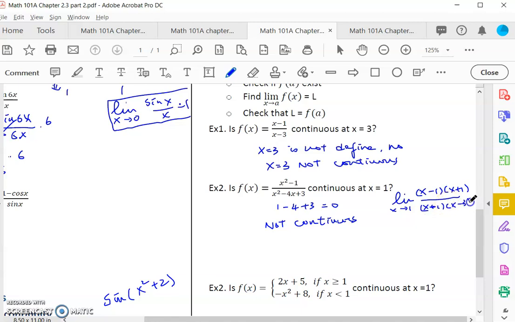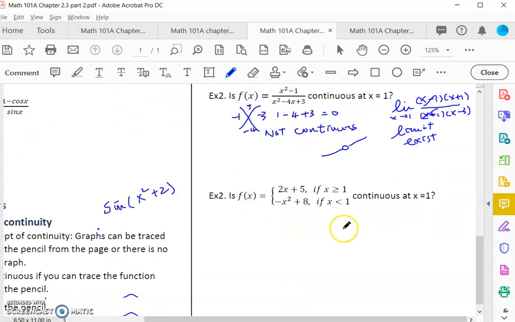Because you can say two numbers, -1 and -3, when they add, they're -4. When they multiply, they're 3. So (x minus 1)(x minus 3). So x minus 1 cancels. The limit actually exists, but it is undefined. So this is the case when you have a hole. So it's still not continuous, because it is not defined.